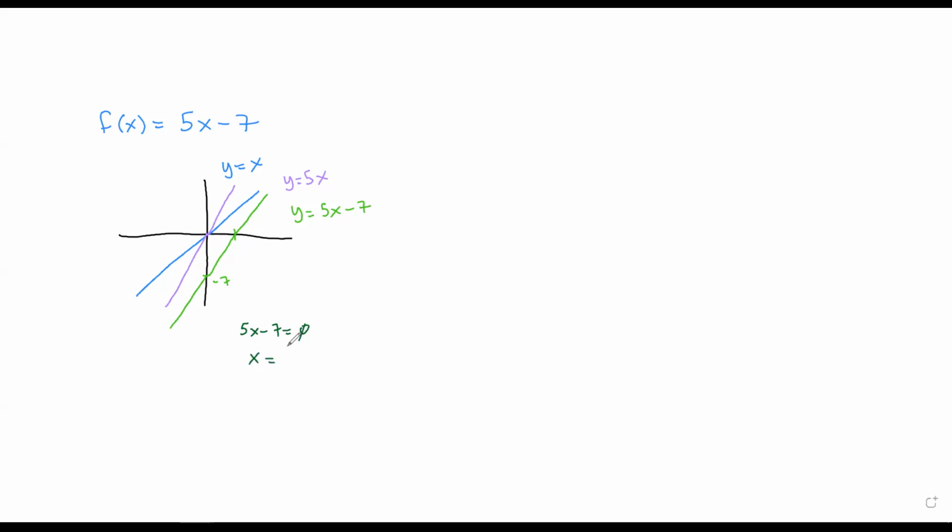This means that x equals 7 divided by 5. So this number here is 7 divided by 5. And the green one would be the graph for that function.